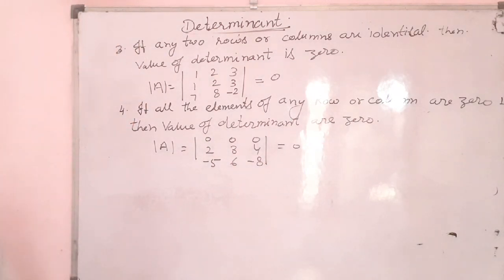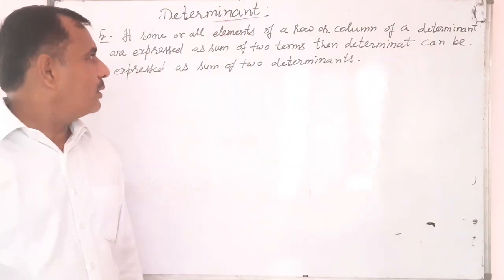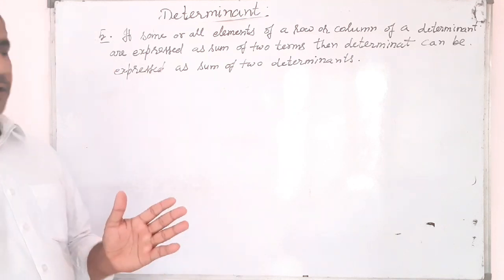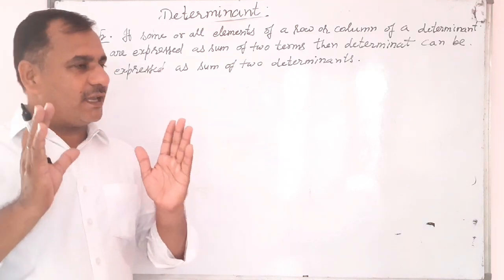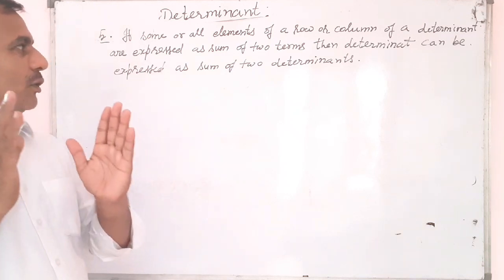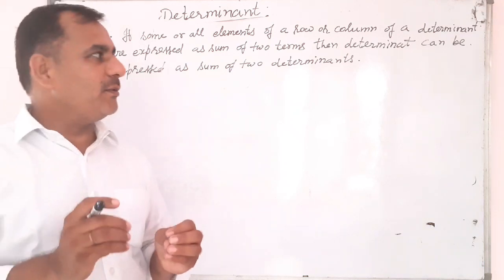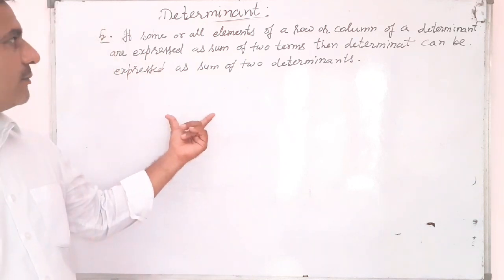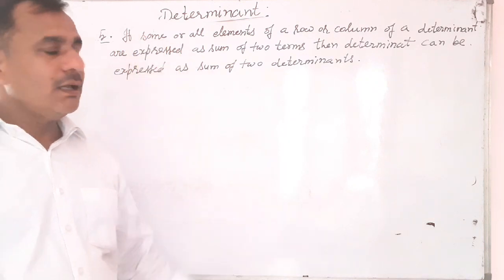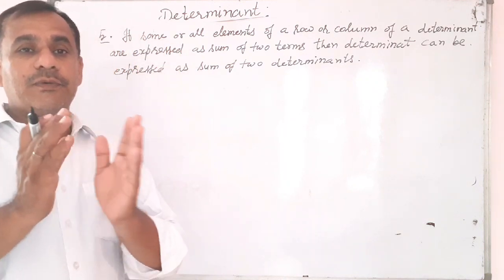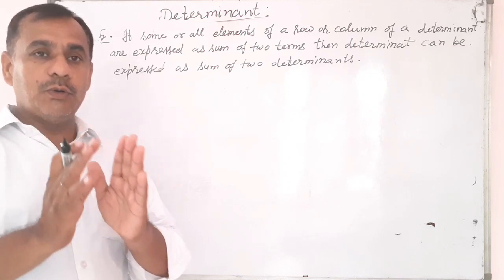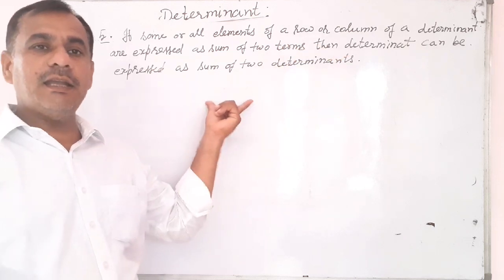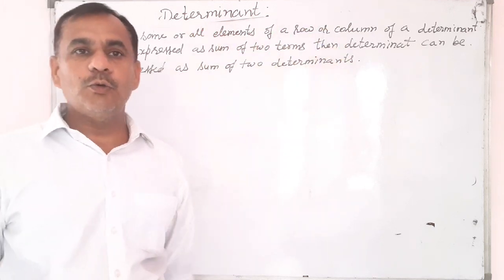Property number 5. If all elements of a row or column of a determinant are expressed as the sum of two terms, then determinant can be expressed as the sum of two determinants. It means if the elements of any row or column are written in the form of the sum of two terms, then we can write it as the sum of two determinants.